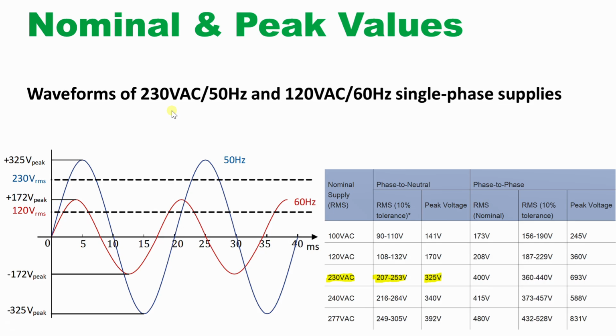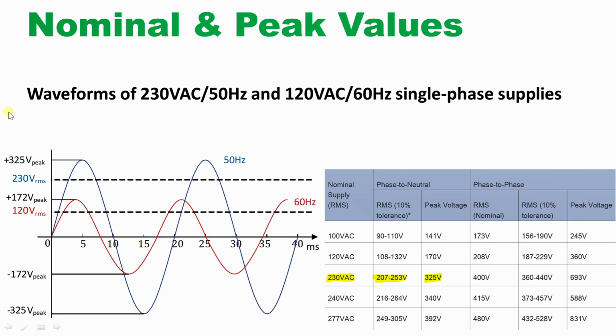RMS, as we explained, is the DC equivalent value. Usually you see it on the 230 volt supply line, the 115 volt or 120 volt supply line. The 230 volt they are quoting here is an RMS value.